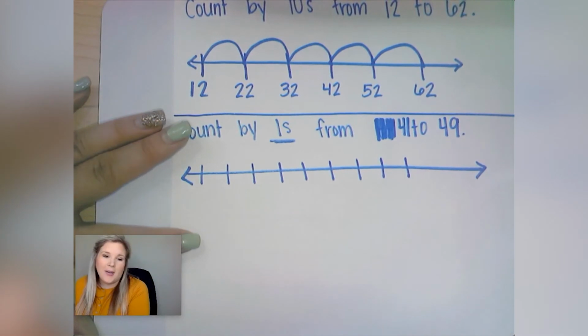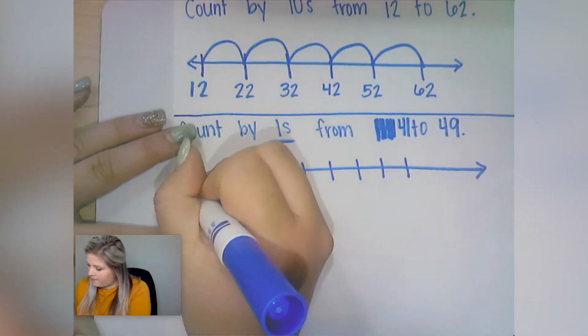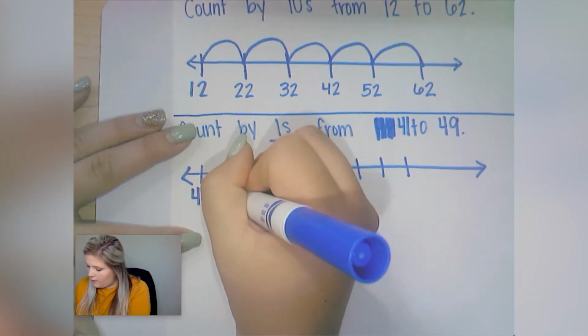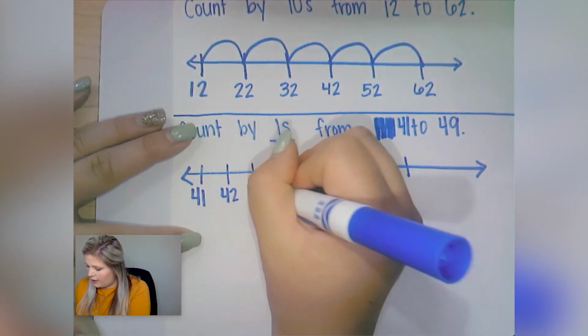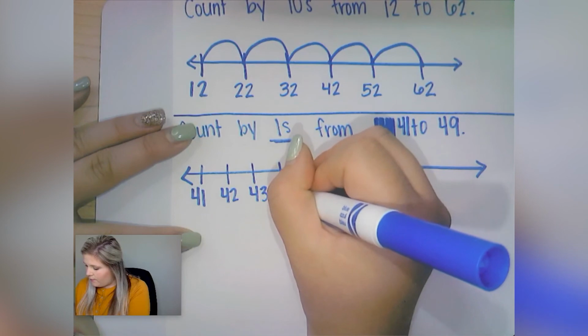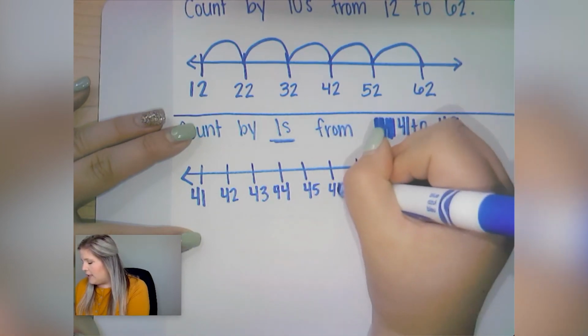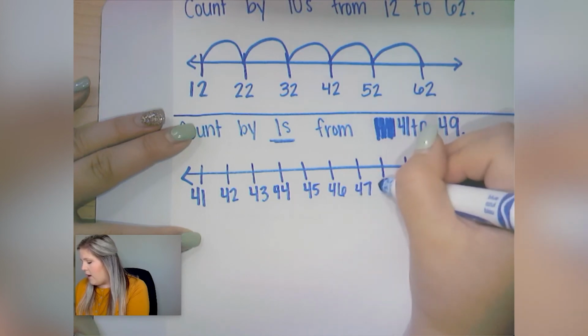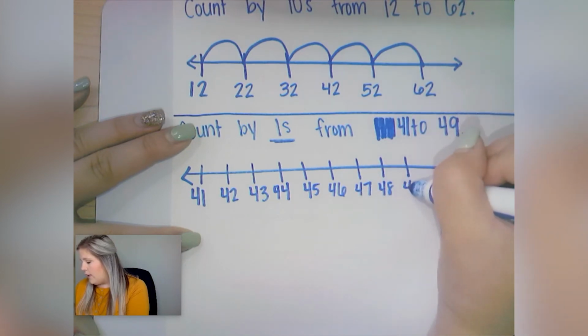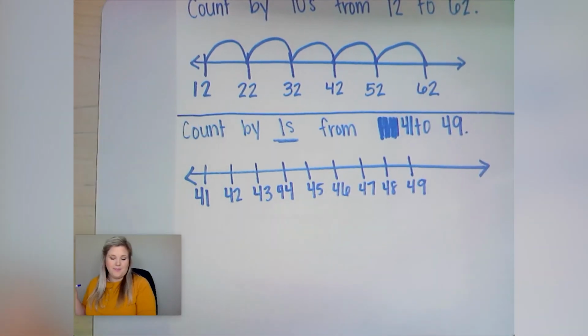And then I'm going to label those counting marks. 41, 42, 43, 44, 45, 46, 47, 48, 49. Does yours look like mine?